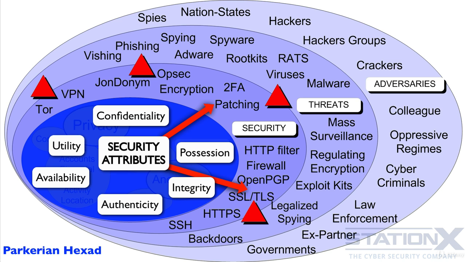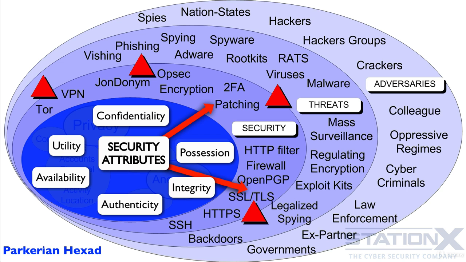The security attributes are confidentiality, as we've already known, possession, which is the new one, integrity, authenticity, another new one, availability, and utility, another new one. So of the new ones from the CIA, we have the first one, possession or control, as it can be called. Let's define these.